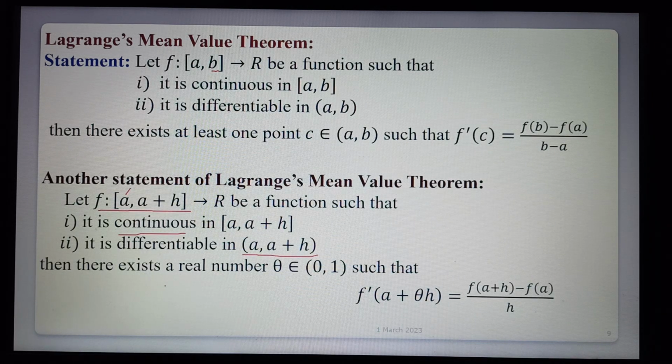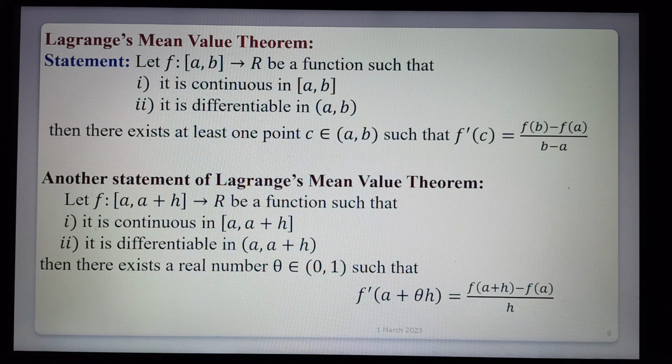Then there exists a real number theta belonging to (0, 1) such that f dash of a plus theta h is equal to f of a plus h minus f of a by h. This theta is any real number between 0 and 1. This is the other statement of Lagrange's mean value theorem.